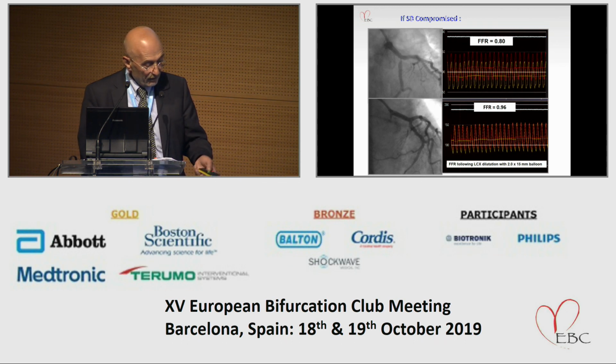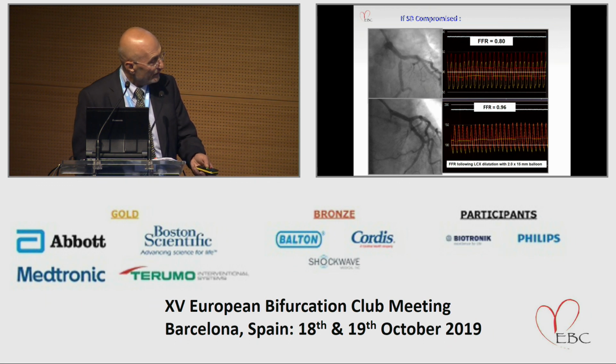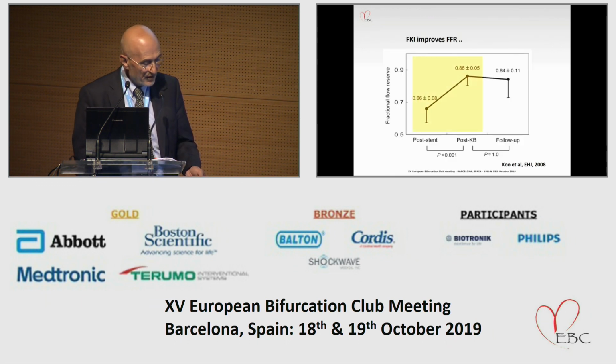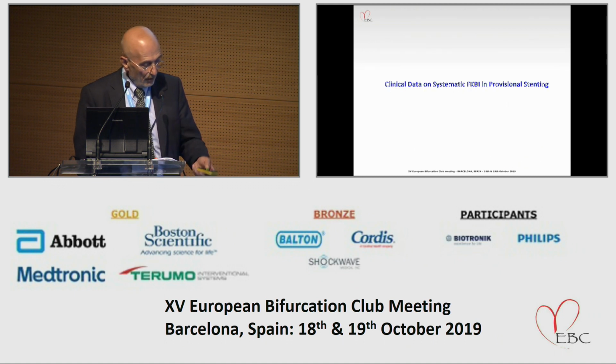If you have a compromised side branch, you have to check whether it is ischemic or not. And if it is ischemic, you can correct it just with a small diameter balloon inflation, come back with a good FFR and keep it like this. Even in these cases with a small balloon, the correction is by plaque shifting, not by moving the strut from the ostium of the side branch. And in these cases, of course, you can also have a benefit in the long term, as has been shown previously.